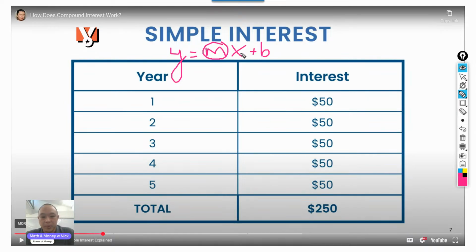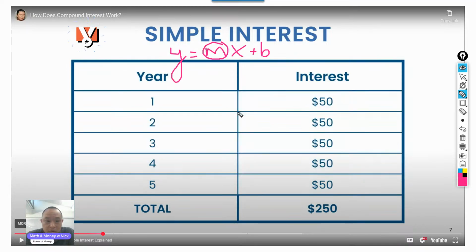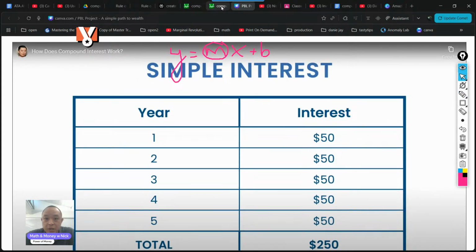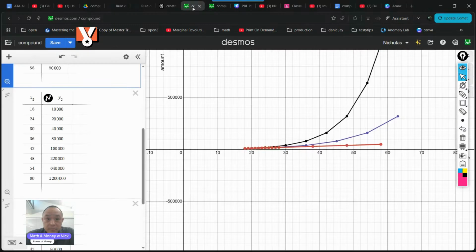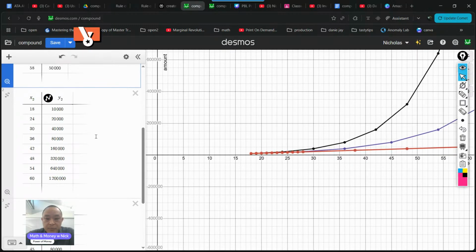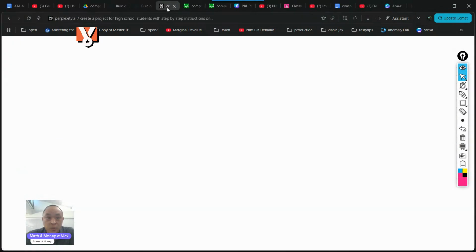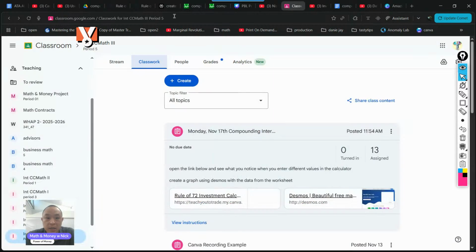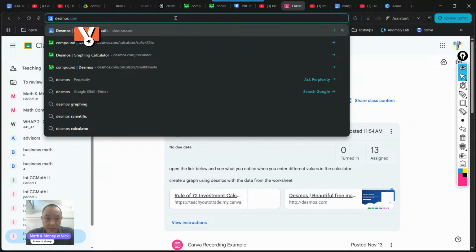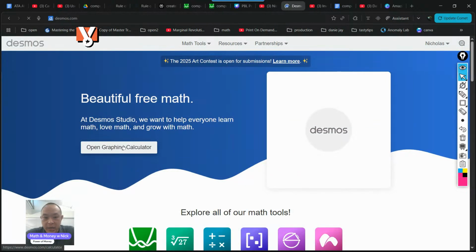So in this example, let me pull up a graph. If I go to Desmos, you'll pull up what's called a graphing calculator.